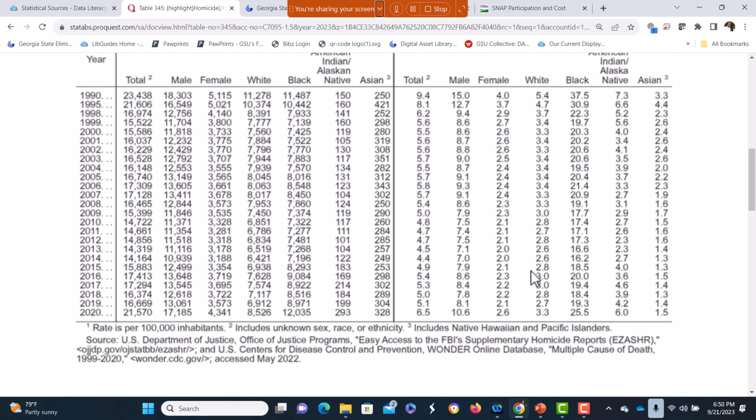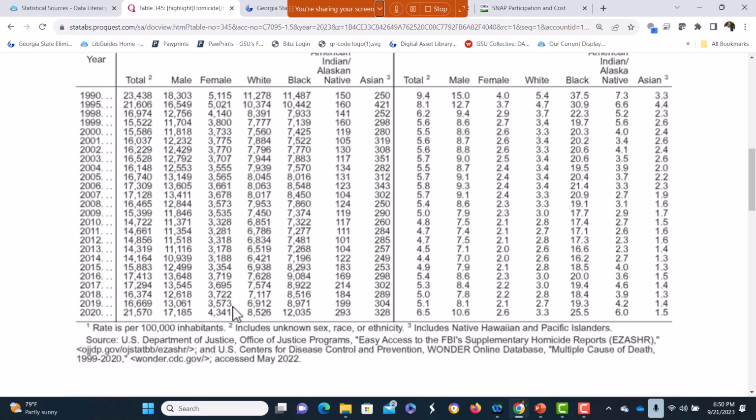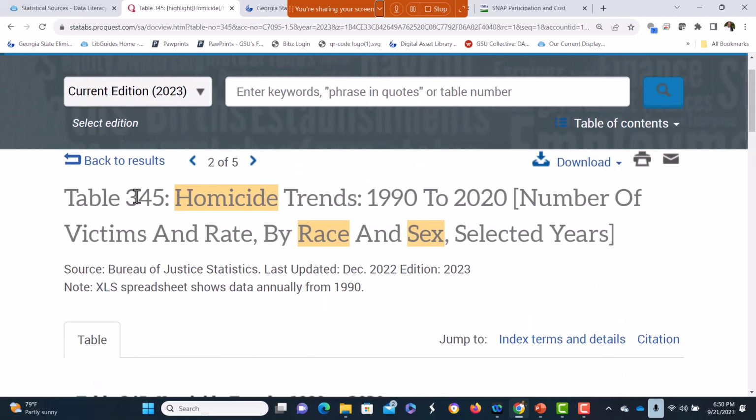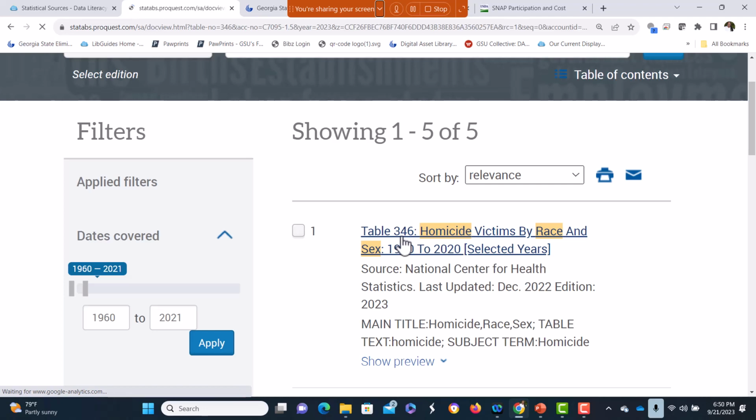So, 2020, total number of female victims. Actually, his number is from 2019. You see that 3573 that he mentioned? Yes, that's there. Okay, so he had that number right.